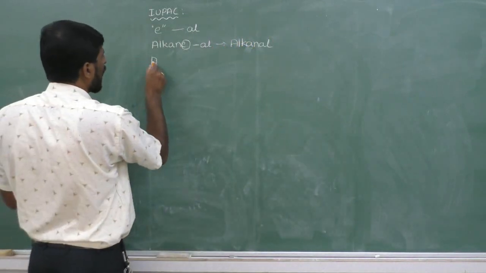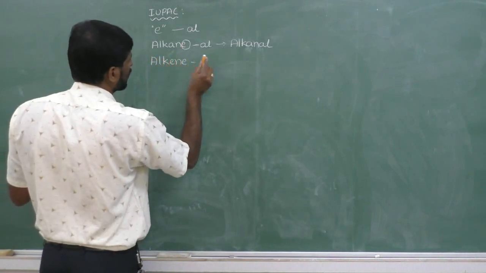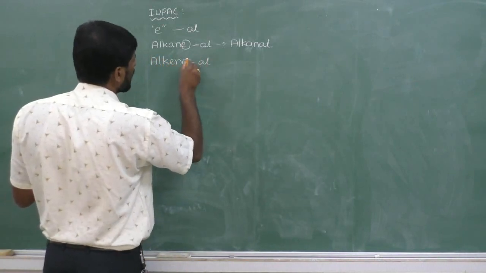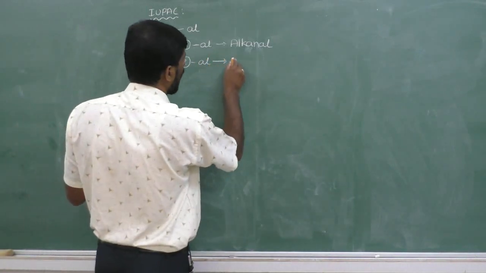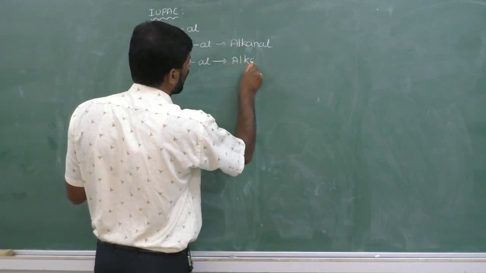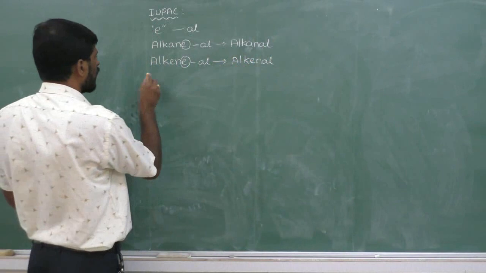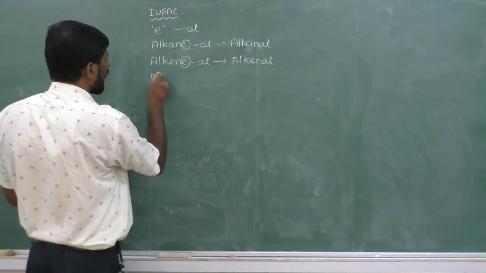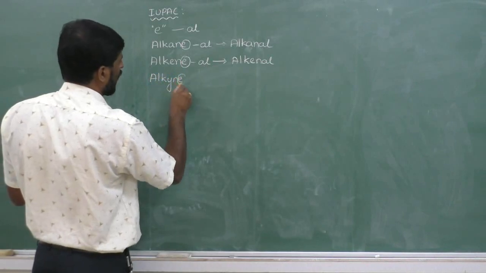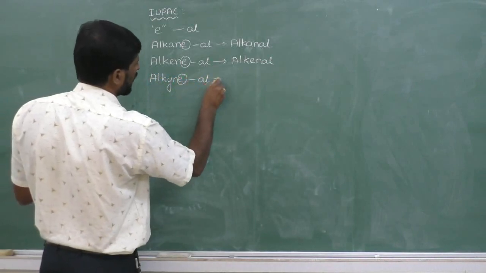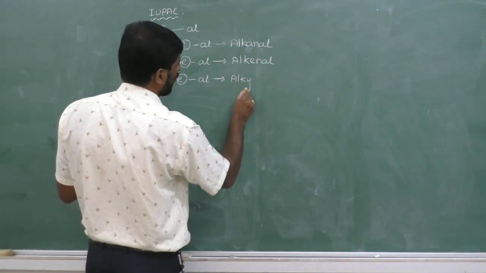If it is an alkene, the last terminal E is replaced with Al, hence the name alkenal. If it is an alkyne, the last E is replaced with Al, hence the name alkynal.